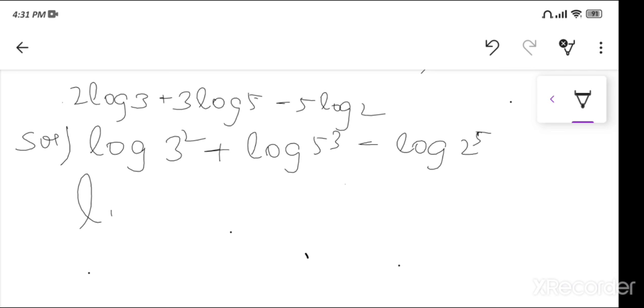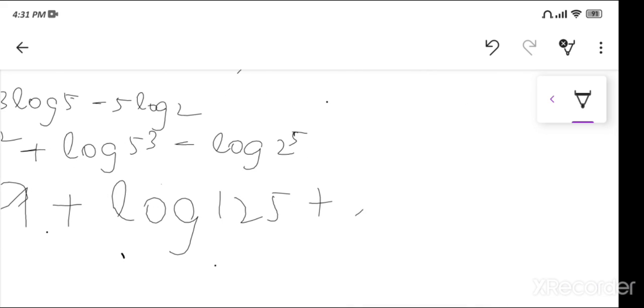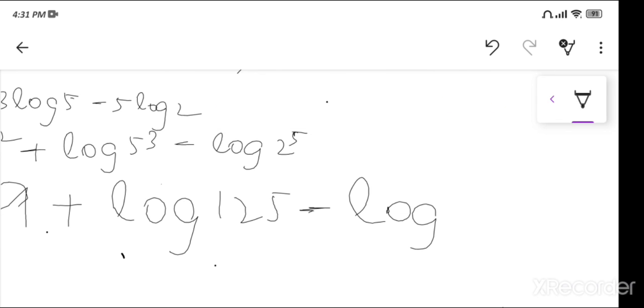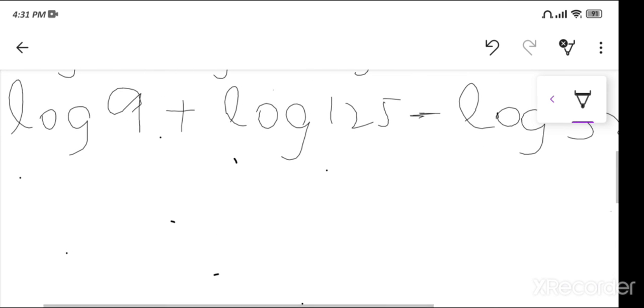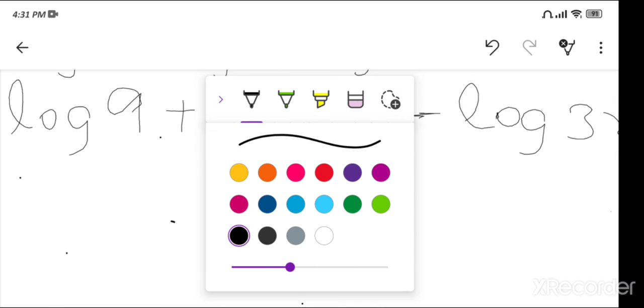So what you need to do is log 3 square is 9, plus log 5 cube is 125, minus, here comes the minus, log 2 power 5 is 32.